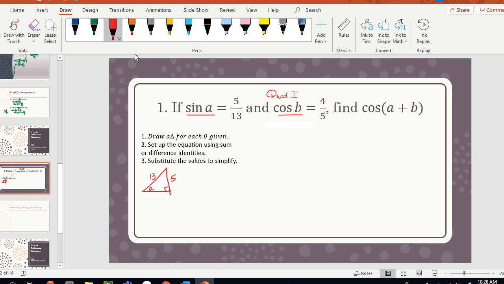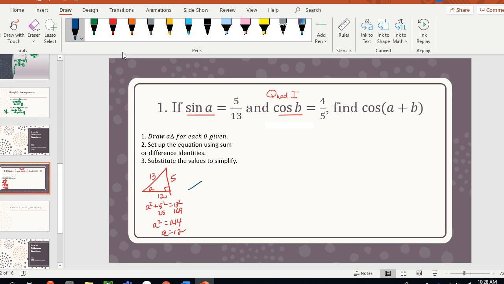Now I'm going to do the Pythagorean theorem to figure out what this other side is. So I have A squared plus 5 squared equals 13 squared. This is 25, 169. You subtract off, A squared is 144. So A is 12.